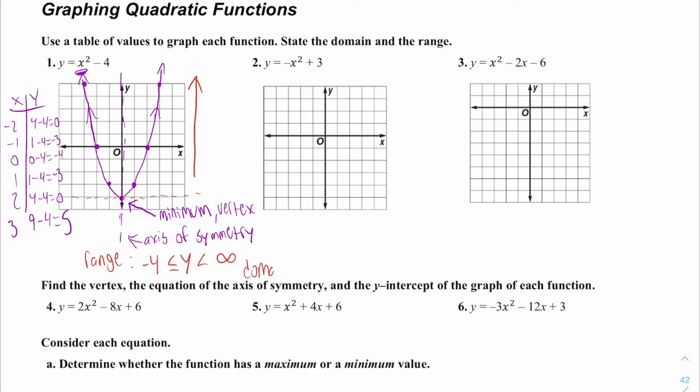Then for the domain, that's just the x's. The domain are the x's. If we look at these arrows, we see that it's going upwards, and it's also going left, and it's also going right.